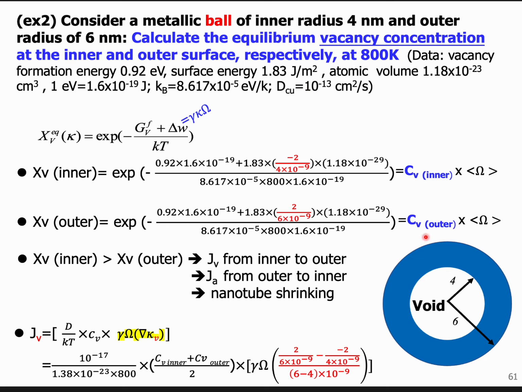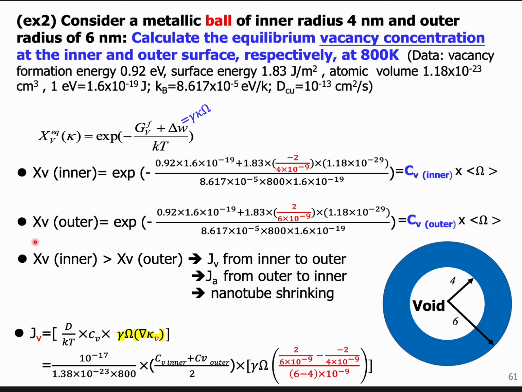Can we do that? My answer would be that you cannot do that, because for minus diffusivity times the vacancy concentration gradient, don't forget the X_V. How do we get the X_V?